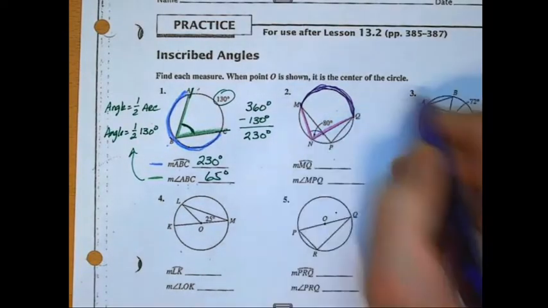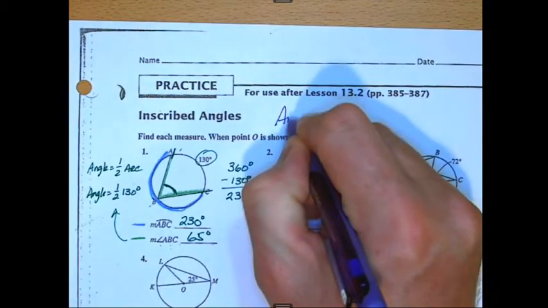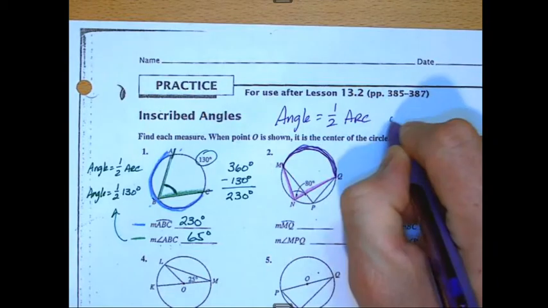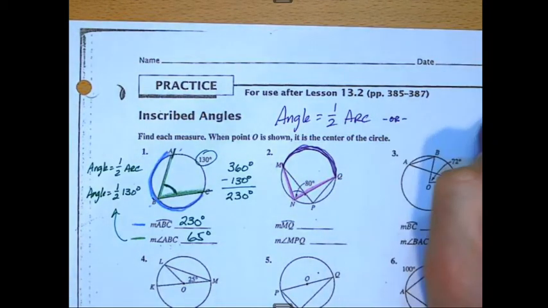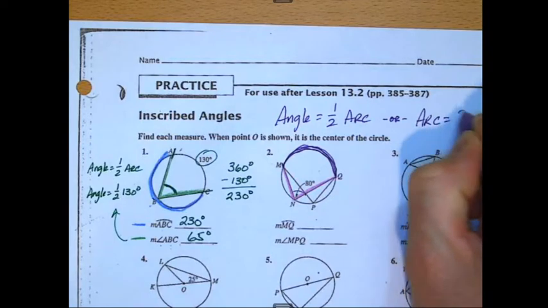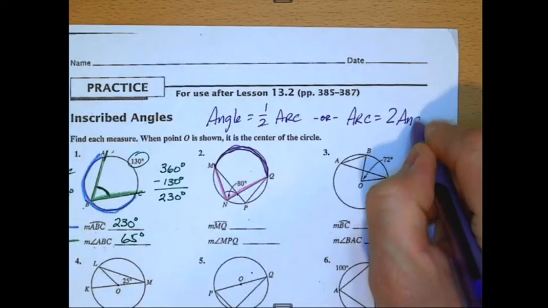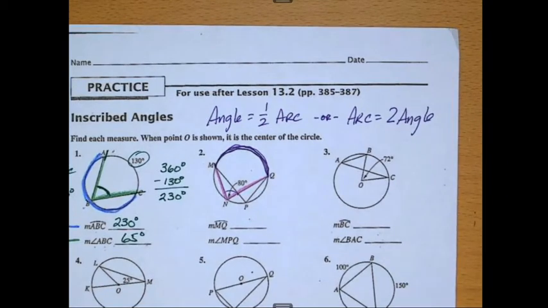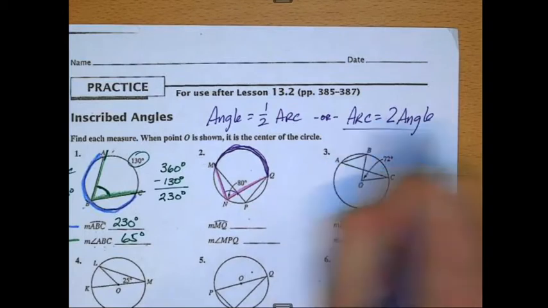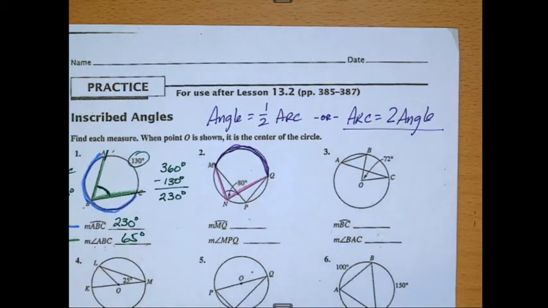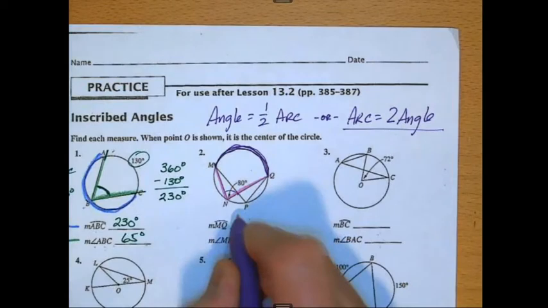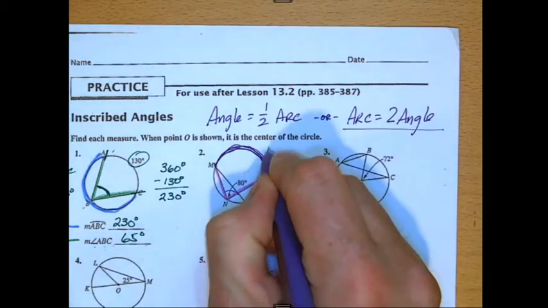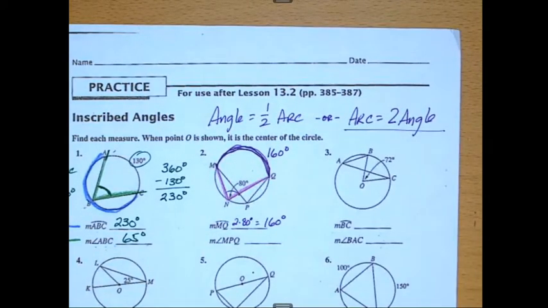Well, the intercepted arc, again, let's use angle is equal to 1/2 the arc, or the arc is equal to 2 times the angle. In this case, I'm given the angle, so I'm going to use this formula: 2 times the angle, 2 times 80, which is going to equal 160 degrees. So this is 160 degrees.